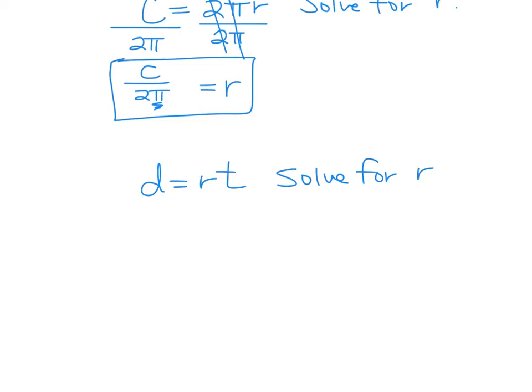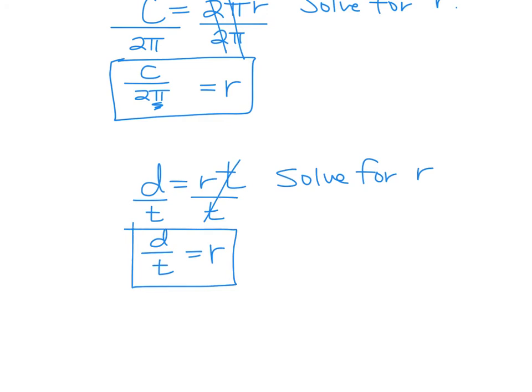So if we want to solve for a rate, what would I have to do to isolate R? How do I get R by itself? Divide. You're going to divide by T here and divide by T here. So you get R equals D divided by T, and that would be your new equation. Okay?